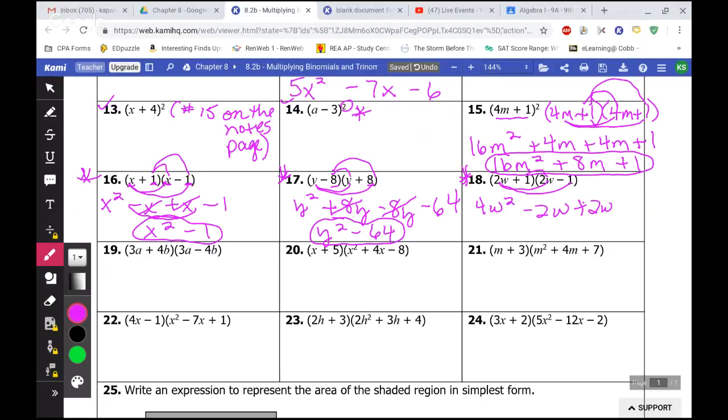And then last, 1 times negative 1 is negative 1. We did FOIL correctly, so that middle term should cancel out, and your final answer should be this.